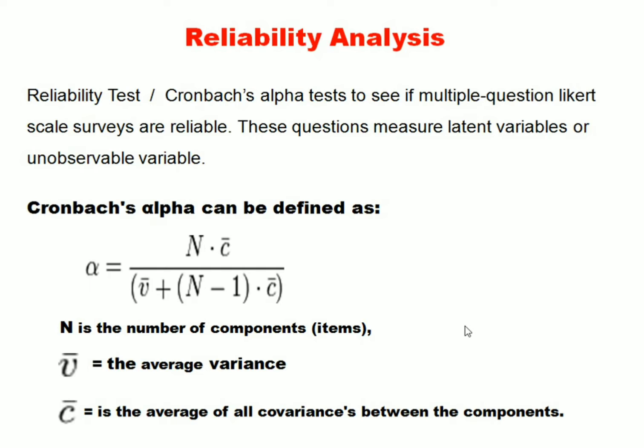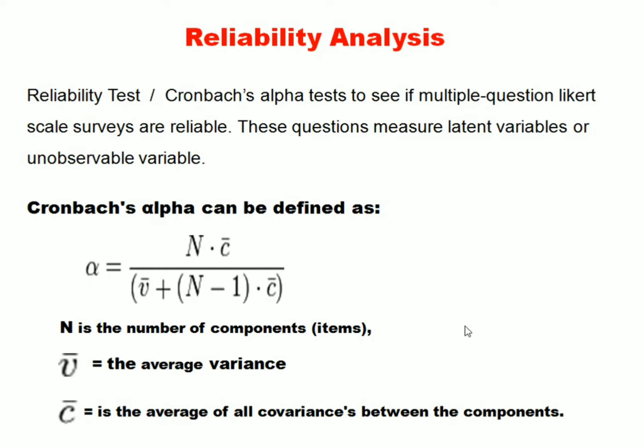That awareness level is measured by the 10 questions used in my study. So here reliability is used to test the consistency of these 10 variables to measure the unobserved or latent variable.